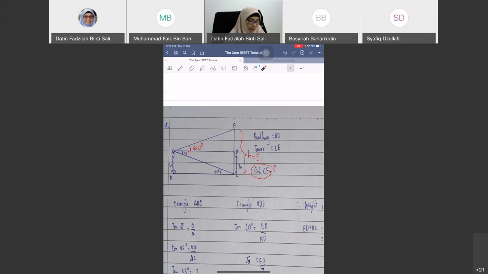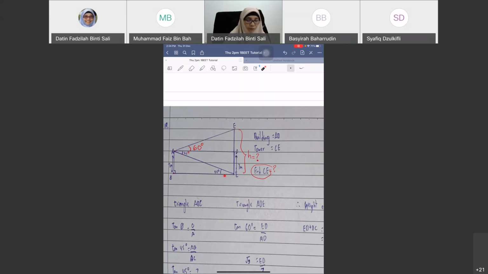It's just that this is the elevation from the given question, so the elevation from here to here is 60. So the information from the question is this angle and this angle. If we want to find AD, we can find BC, which is the same length as AD.